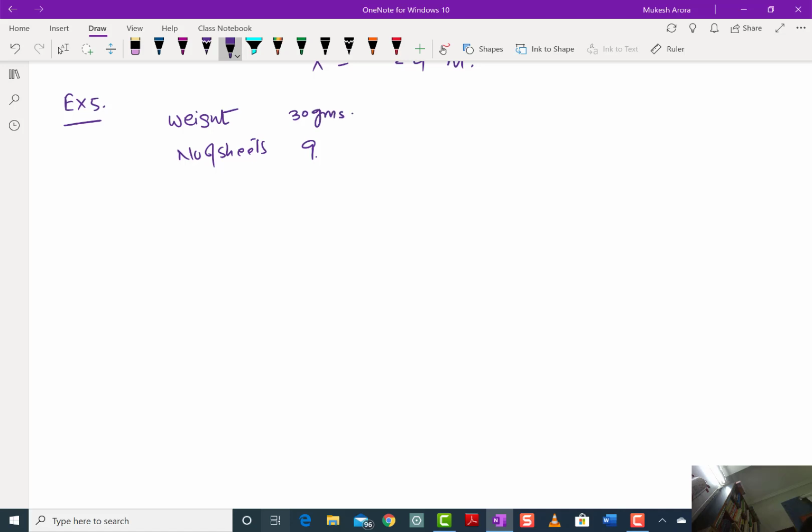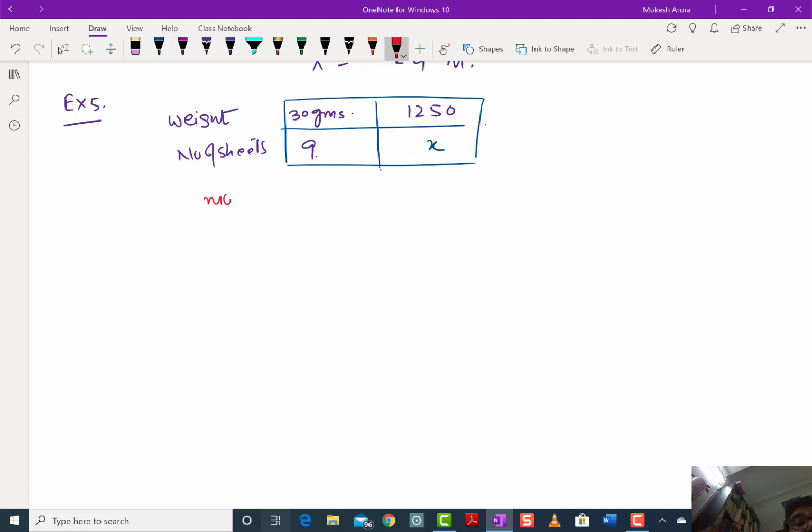How many sheets are required for 1.5 kg, 1250 grams? And how many sheets are required? Weight: more weight, more sheets. That is direct variation.